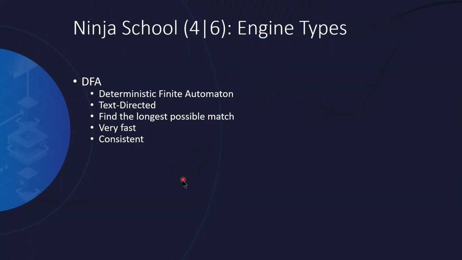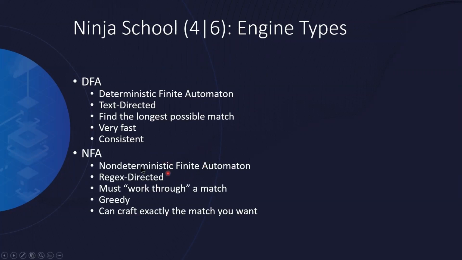If it reaches the end of the string, it declares a success. Then you've got NFA, non-deterministic finite automaton, that steps through the regular expression token by token rather than character by character and tries all possible permutations on the string, backtracking if necessary. It's greedy.